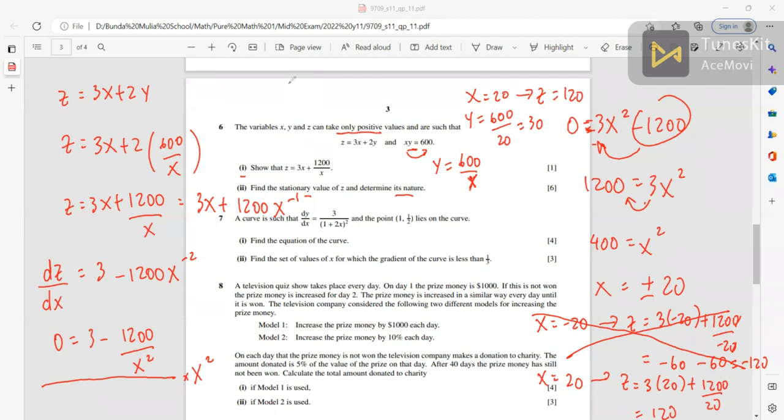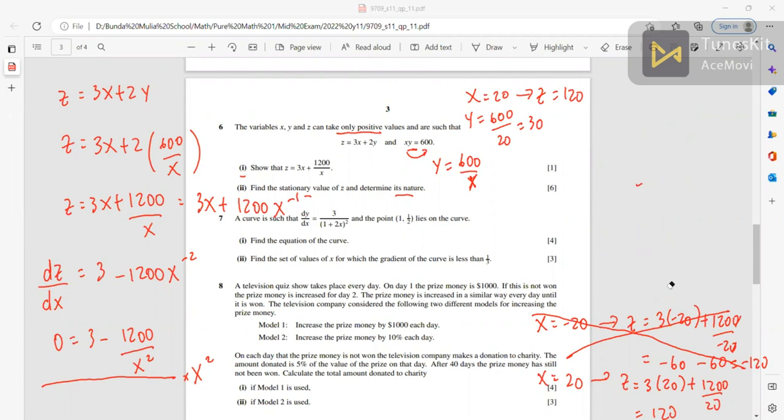The second differentiation, d squared z over dx squared equals, this 0, and then this is positive 2400 x power minus 3. So we have 2400 over x power 3.